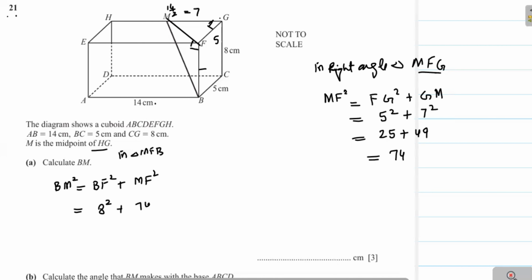We write here 74 plus 8 square, and this is 64 plus 74, and that's equal to 138. So BM square equal to 138, then BM will be equal to square root of 138.